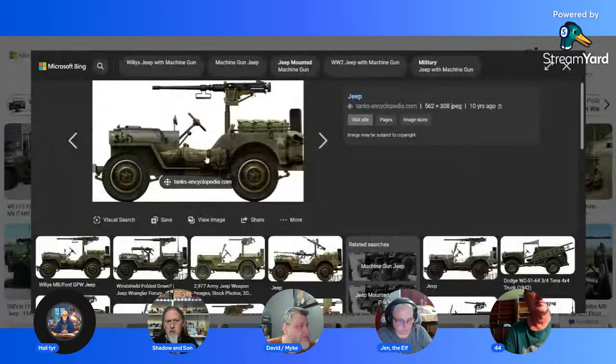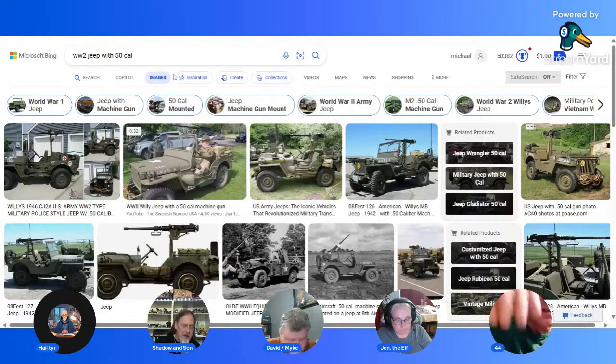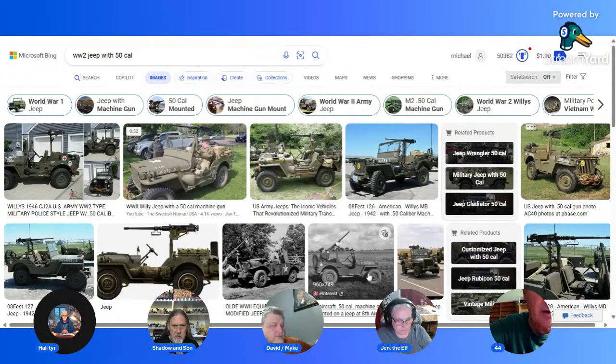Oh, what's that? A Jeep with a machine gun. Yeah, that's the Jeep, but he's removed the machine gun on a chain. Wouldn't mind having that on the back of old Bessie. But that's the American one. I don't know if the Germans had exact, they had an armored car, but I don't know if they had the same.